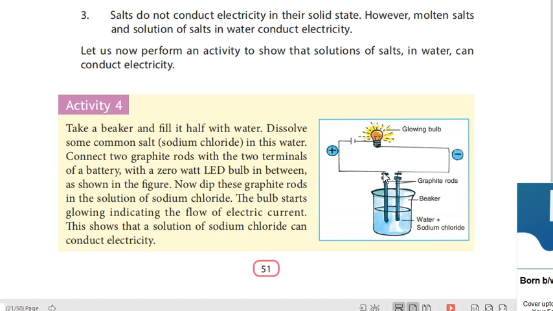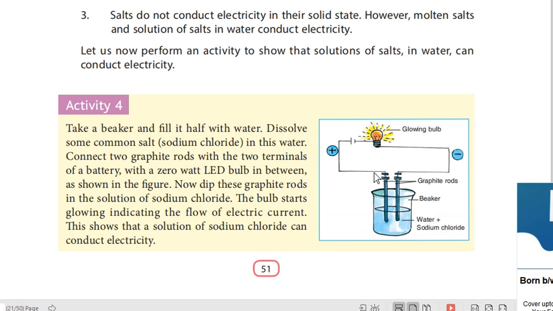See here, the battery or cell is there, and through this the connectivity is there. These rods are in this solution, not connected with wire. There is no connection with wire. It is connected through the liquid only. But still the bulb is glowing.